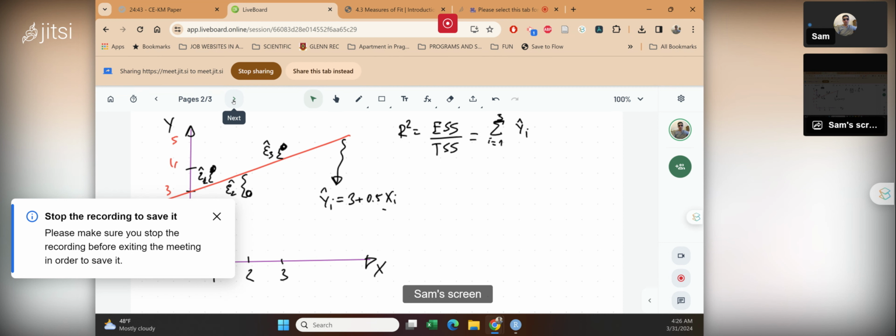Okay, so you give me x's, I give you the predictions of the model, and I know that ESS, explained sum of squares, is actually equal to the sum over the data points of y i hat minus y bar, squared. And in the denominator, I have y i minus y bar, squared.